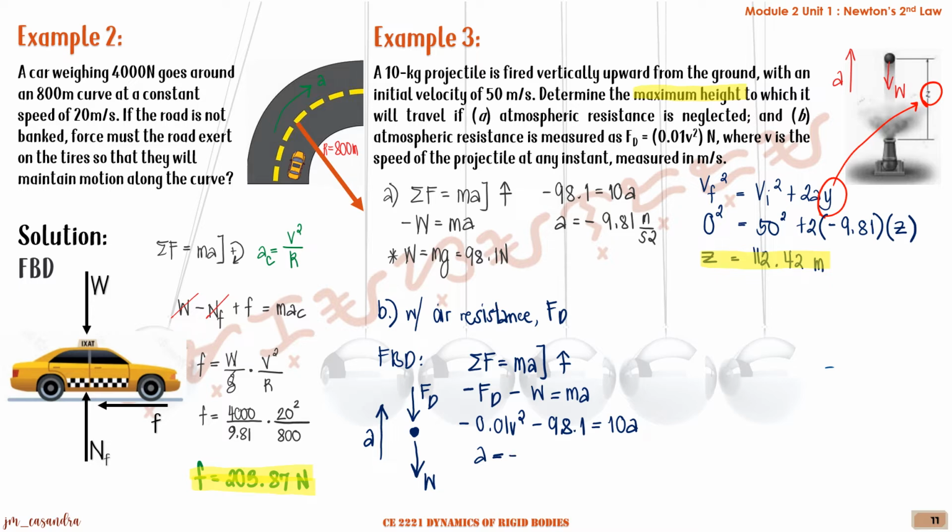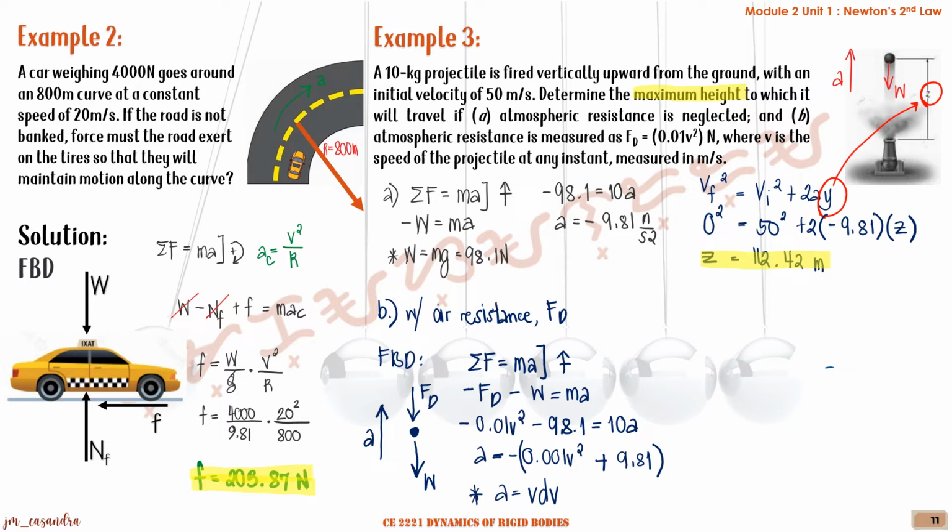negative 0.001 V squared minus 9.81. Or we could simplify this quantity. This becomes positive. So negative, negative. Same din lang siya. And then from our previous discussions, we have said that A can be computed as V times dV.